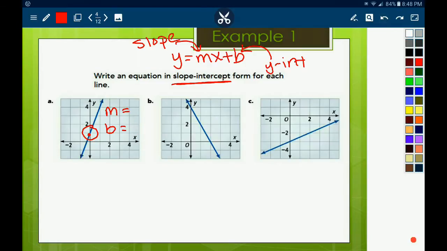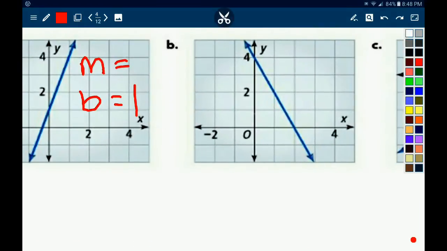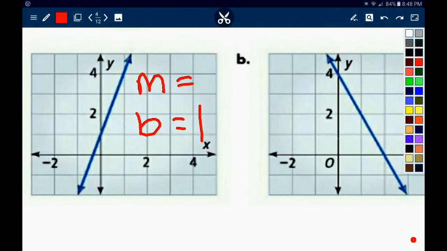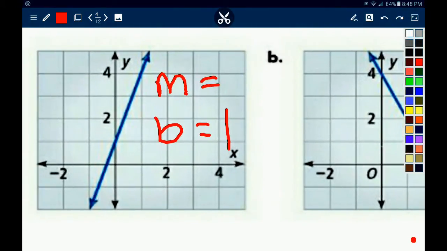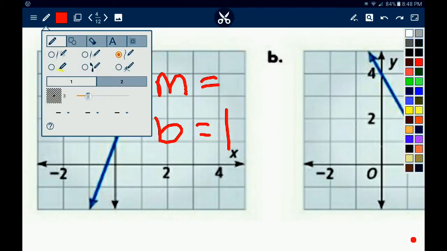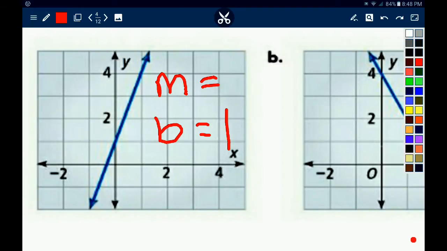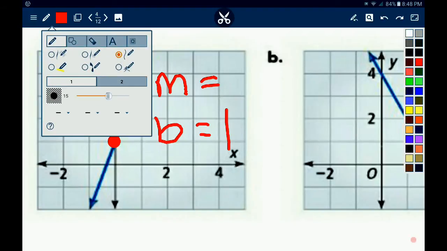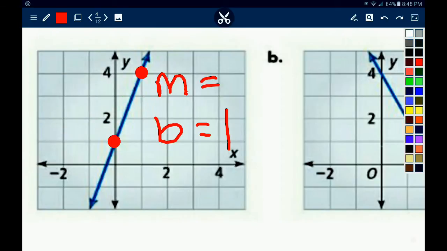Now I want to be able to find the rise and the run. So I'm going to zoom in on this graph and locate the first two integer value points. I'm going to highlight them here. I can use the y-intercept at 1, and the next integer value point I see is this one right up here. So I want to count the rise and the run from point to point.